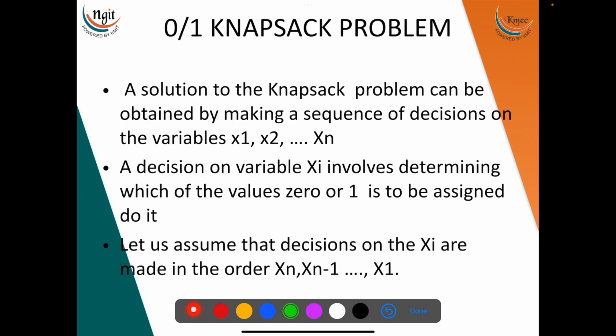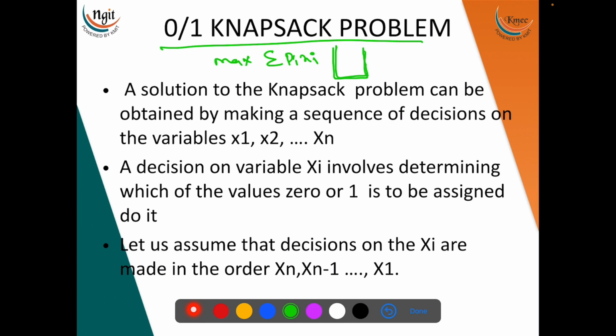Let's start to understand what the 0/1 knapsack problem is. A knapsack is a container or a bag. In this bag we want to place some items, keeping in mind two constraints. First, the profit should be maximum: when you place the set of objects in this bag, the sum of all the profits of the items should be maximum.